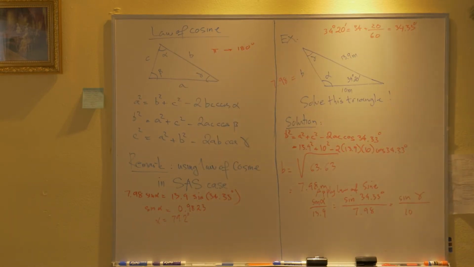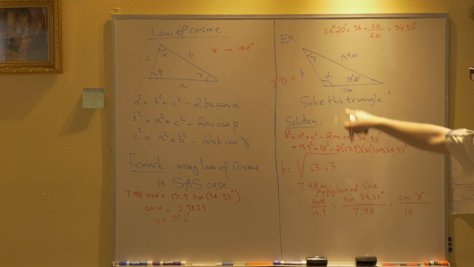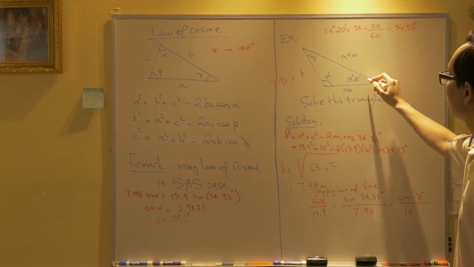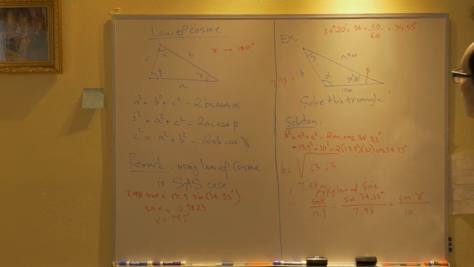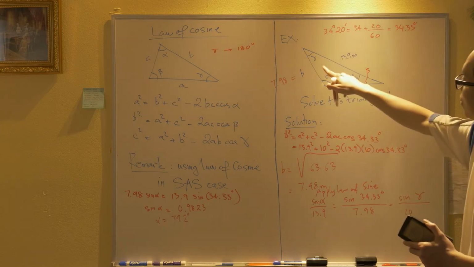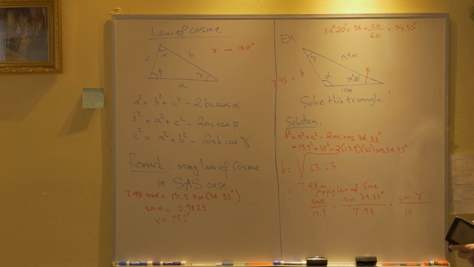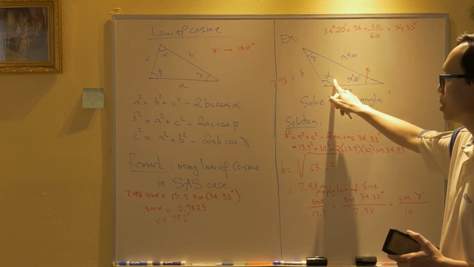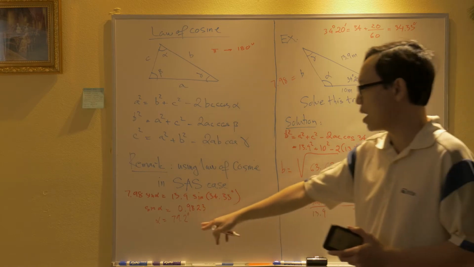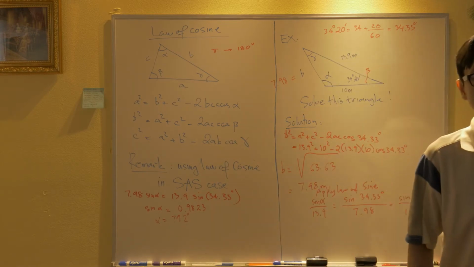Okay. So from here you can get gamma easily by taking 180 minus alpha minus beta. So this is beta right here. However, you have to be careful over here because according to the picture the question already gives you, alpha is an obtuse angle, but we have 79.2, which is an acute angle.